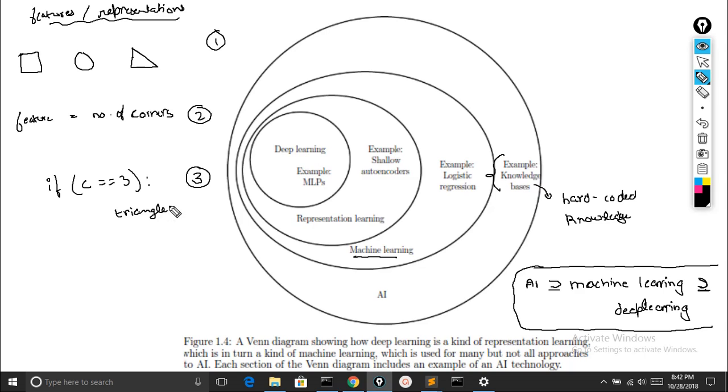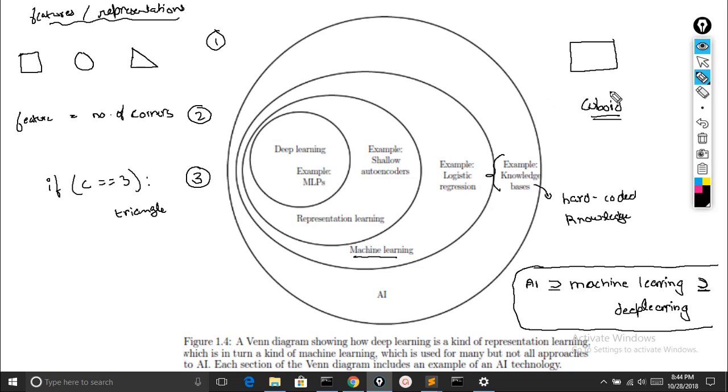Now what if we provide it with a 3D shape as an input, for example a front faced cuboid. We know that this is a cuboid, but what our model will see is that it has four corners.